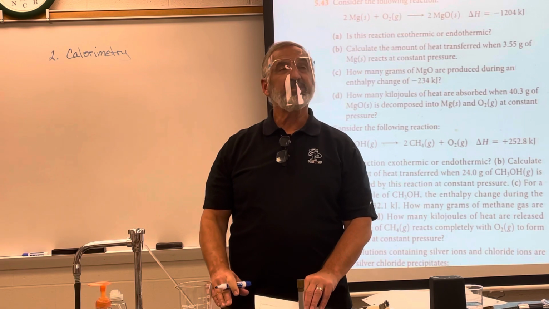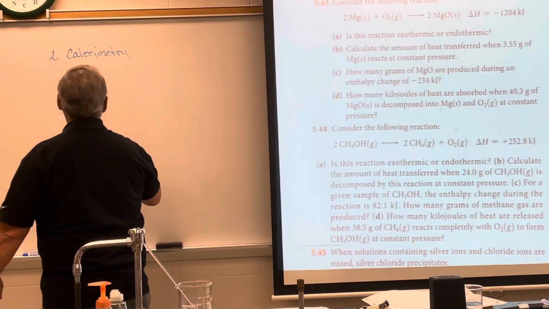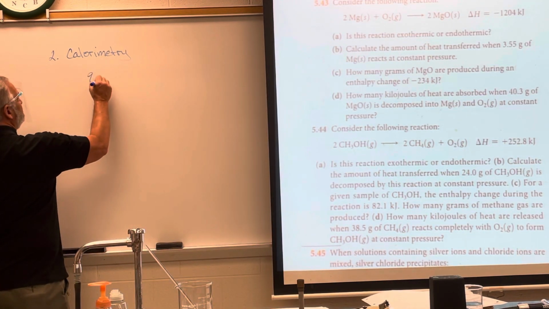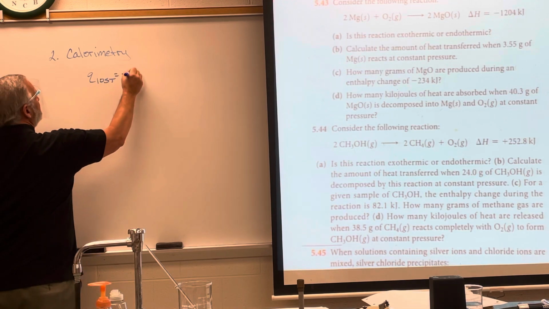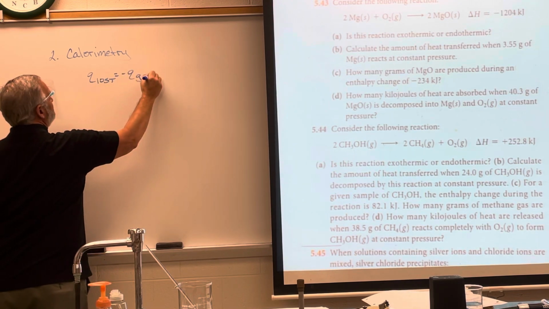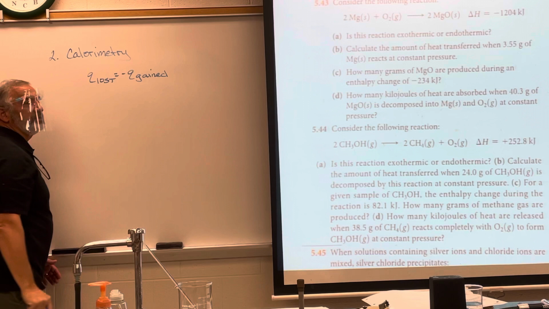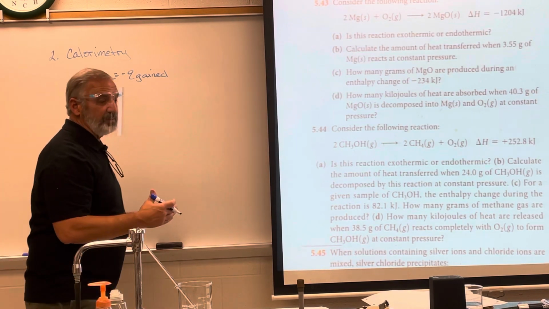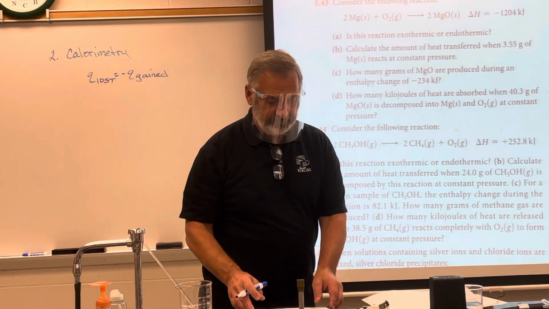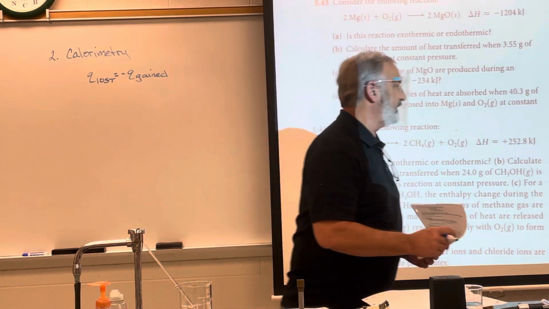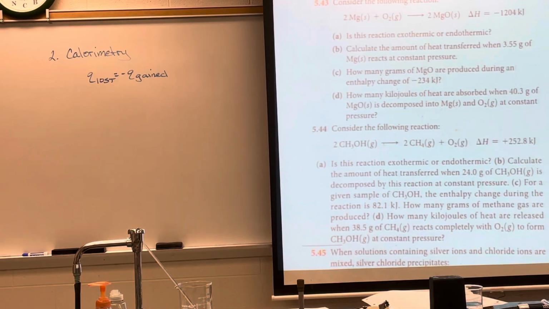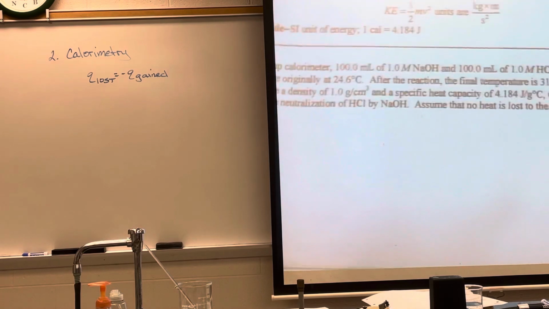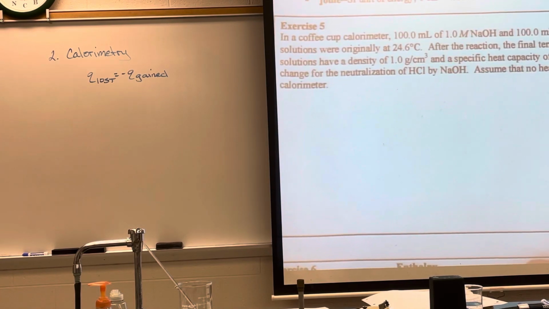And so this is always going to be Q lost is equal to negative Q gain. So all we have to do on these is look at this coffee cup calorimeter problem, this sample problem here.